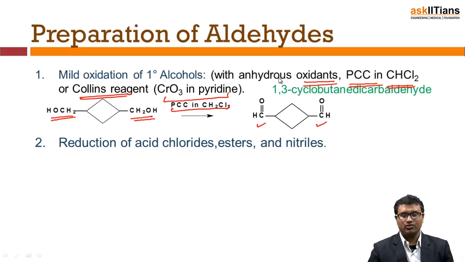Next, reduction of acid chlorides, esters and nitriles. You have to reduce acid chlorides, esters and nitriles to get an aldehyde. In the first point, we are oxidizing an alcohol. In the second point, we reduce an acid chloride. If you can reduce an acid chloride, an ester or a nitrile, you can get back your aldehyde.